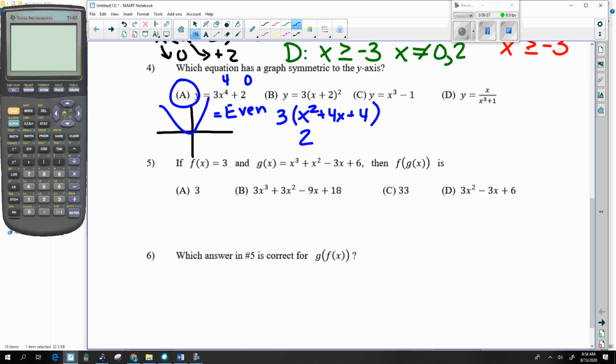So here I have exponents of 2, 1, and none. Because it's both even and odd, it's none of the above. Here I have a 3 and a 0. That's not even. And this one is just kind of strange. I would probably have to graph it to get a good understanding. But I already found my answer with A, so I'm just going to run with it.